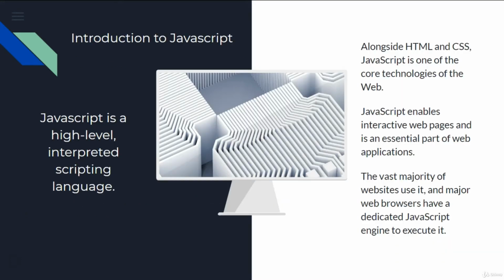And then we're going to do an introduction to JavaScript. JavaScript is a high-level interpreted scripting language. We'll be building some small applications to learn basic JavaScript and to get some experience with how HTML, CSS, and JavaScript work together.